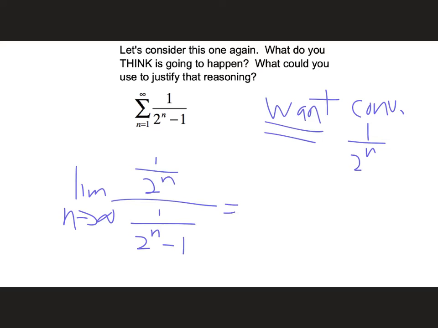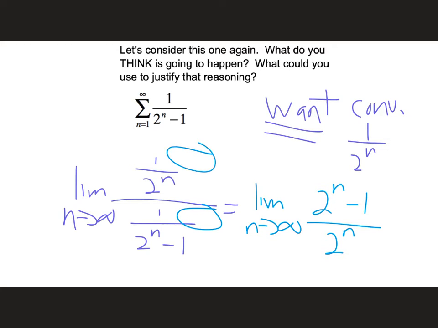All right, let's do some algebra. So let's flip it. That's going to be 2 to the n minus 1 over 2 to the n. Basically, I'm going to multiply top and bottom by the 2 to the n minus 1. They will cancel here. And now, let's get fancy mathematically.